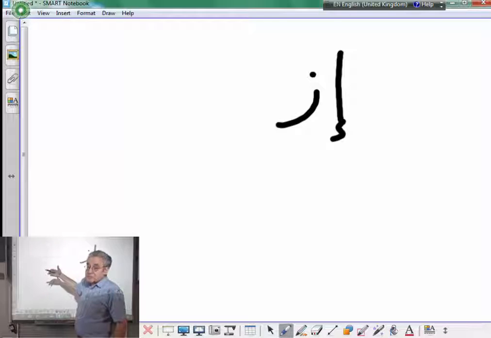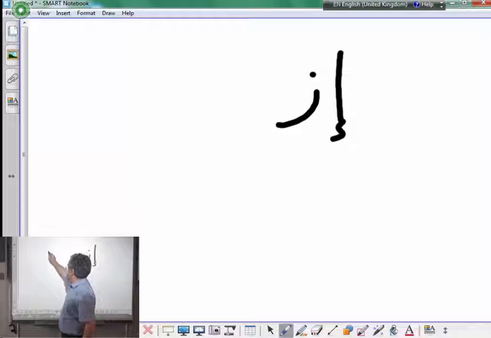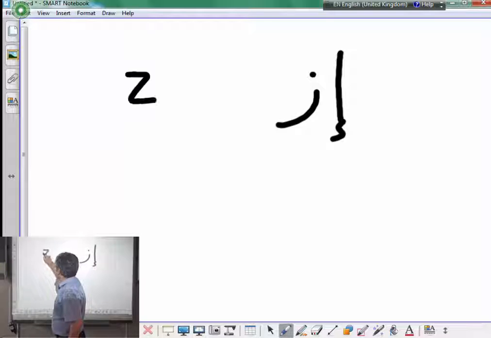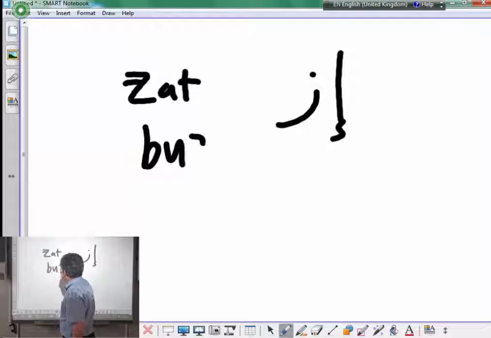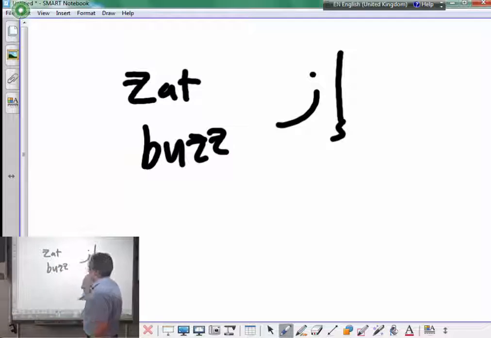It is similar to English. Maybe you say Z. Z. So it is a buzz, and you are quite familiar with the letter Z. So these are all the letters we studied now. We've got another group.